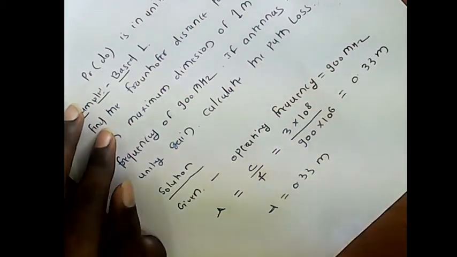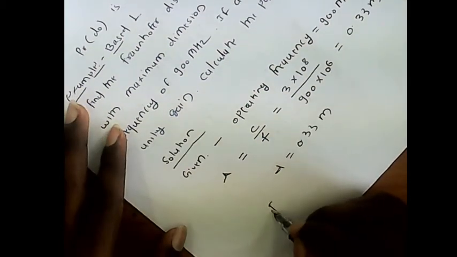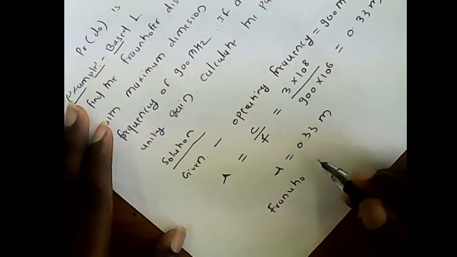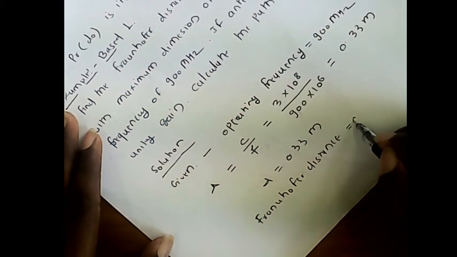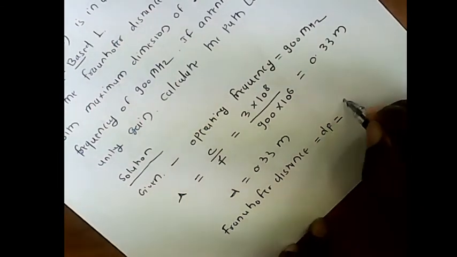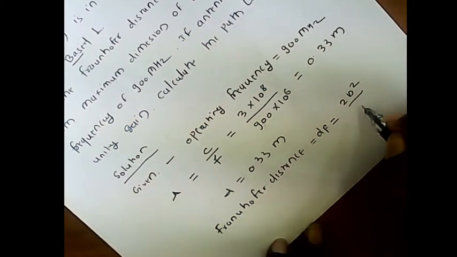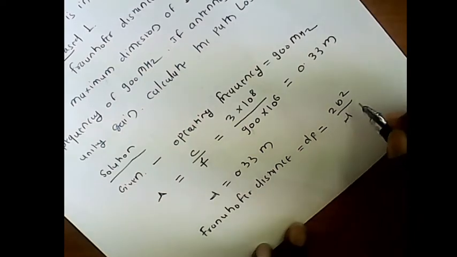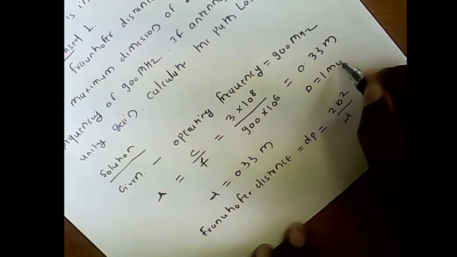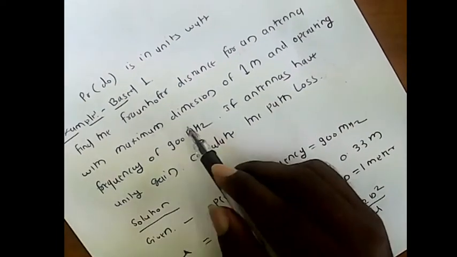Then we calculate the Fraunhofer distance. The Fraunhofer distance is d_f, and we use the formula 2D² divided by lambda. D is given as 1 meter, the maximum dimension of the antenna.